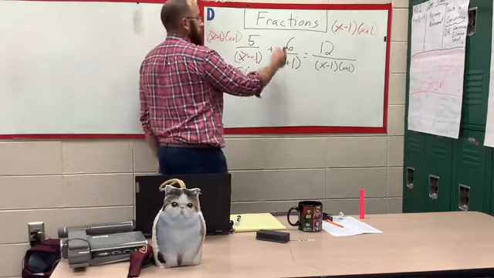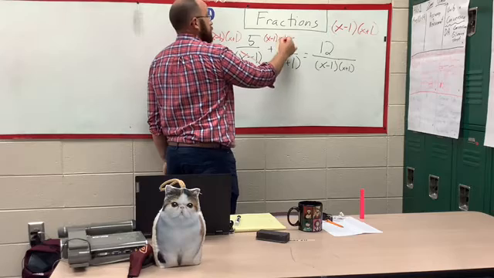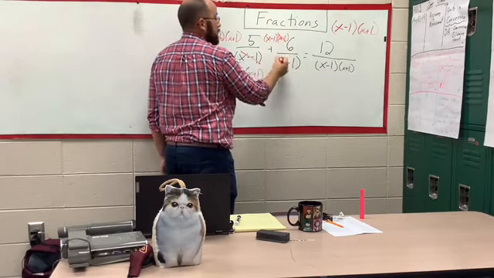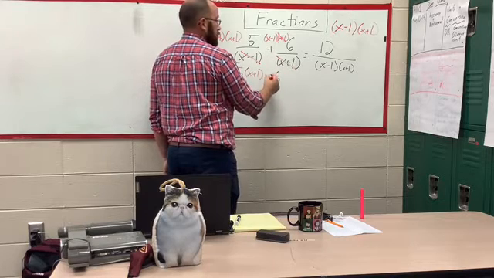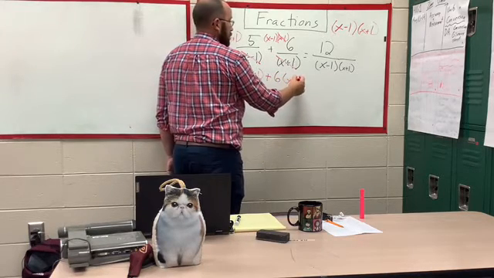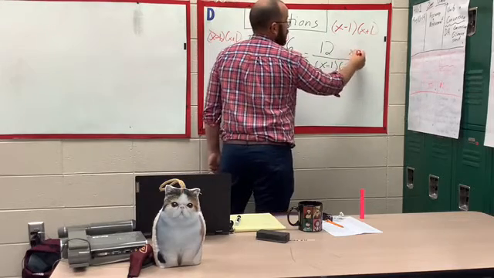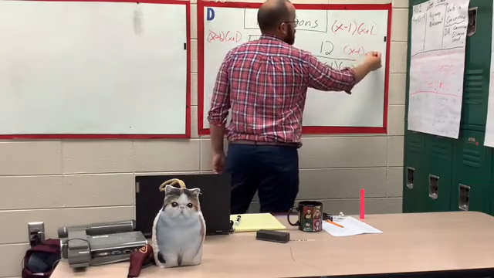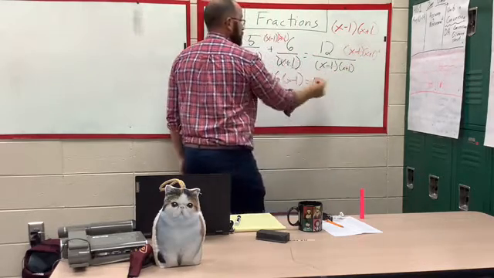When I multiply this whole thing by x minus 1 and x plus 1, the x plus 1 cancels out, and I'm left with x minus 1. And then over here, I multiply this whole thing by it, and guess what? The whole thing cancels out, so I'm left with 12.